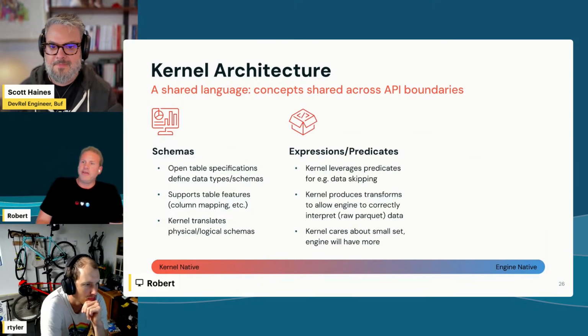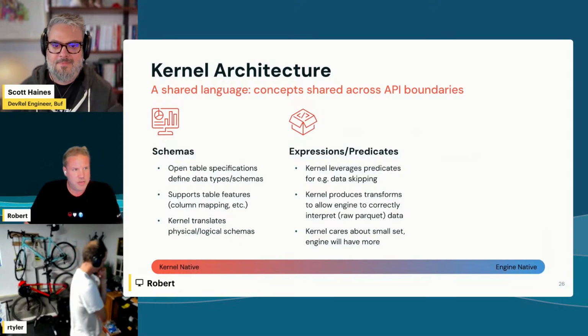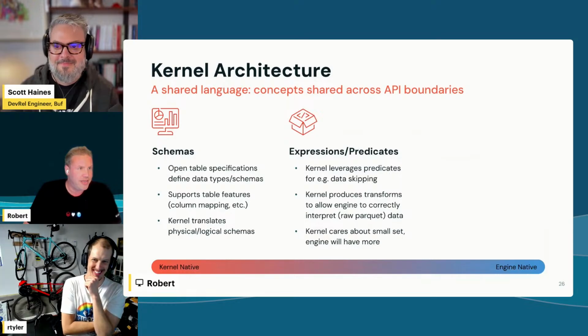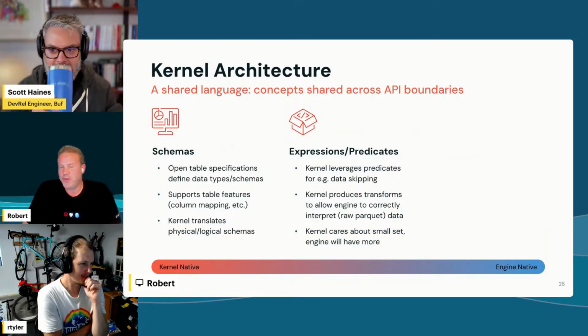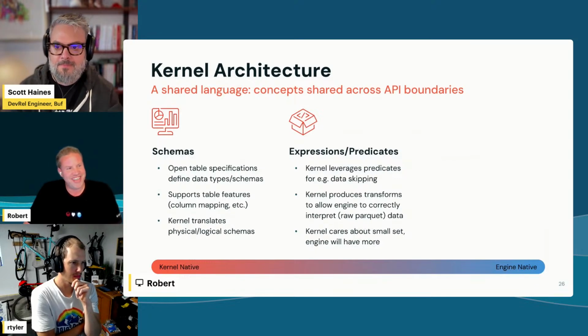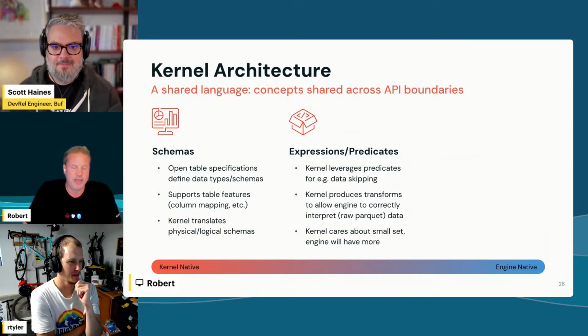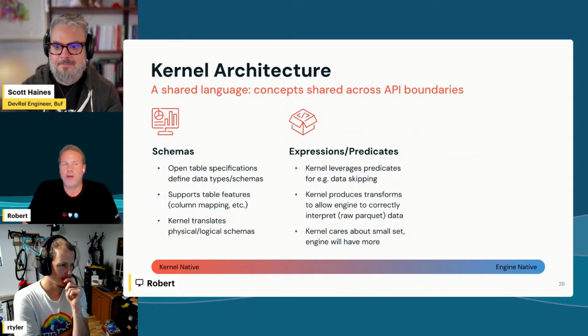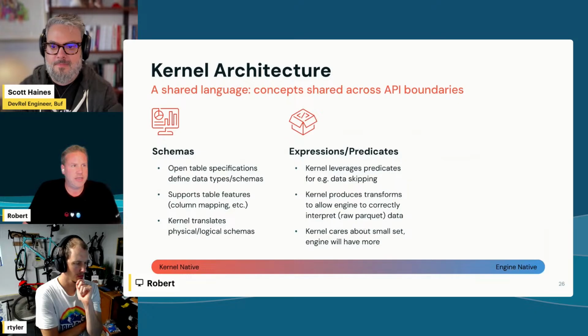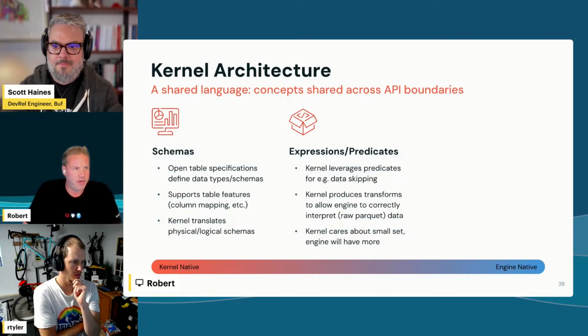Then there are expressions. We could probably do our own talk about the expression representation, and there were some people much smarter than I who designed all of this. And I'm not going to lie, it's not a trivial thing that came out of this, but it's very powerful in that kernel knows how to handle certain expressions, but it allows the engine to define their own expressions.